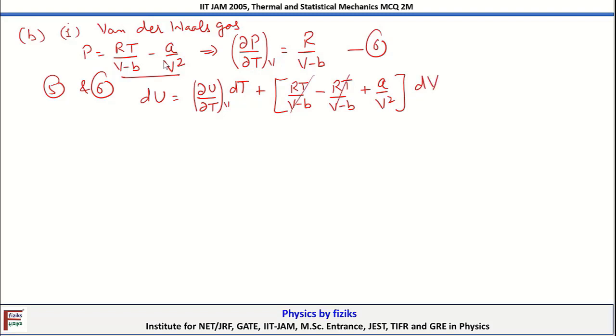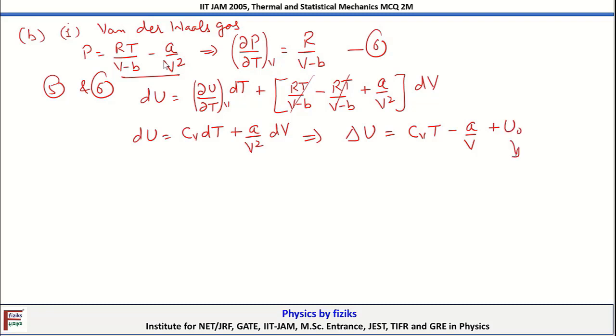So this will cancel. Ultimately dU is equal to Cv dT plus a upon V square dV, and upon integration that will give delta U equal to CvT minus a upon V plus some constant of integration U naught. It's a constant of integration that depends upon the initial condition.